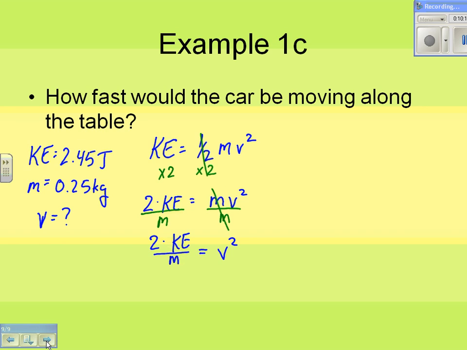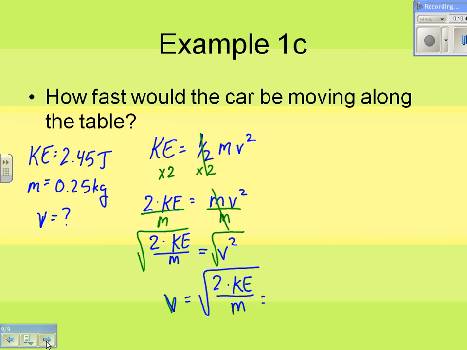Now this is a little different. To get rid of a square there, you have to take the square root. So we're going to take the square root of both sides. The square root of anything squared is that thing, so the square root of v squared is just v. And on the left side we have the square root of 2 times kinetic energy over m.